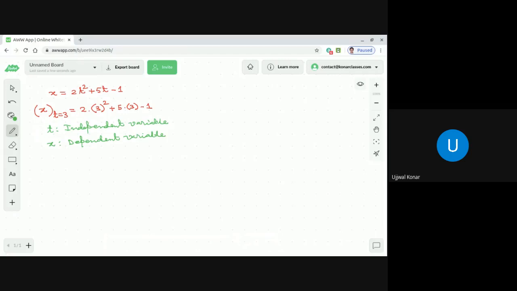So whether a variable is dependent or independent actually depends on the context of that point, what context we are discussing. Correct. Okay. Now, why am I giving this background information?